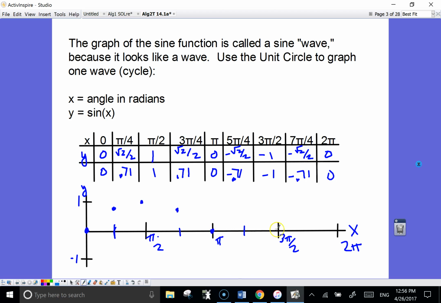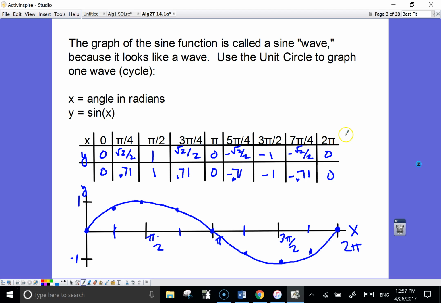Halfway between pi and 3 pi over 2, we're going to be negative 0.71. Then we got negative 1, negative 0.71, and back to 0. So just looking at those dots, can we see the shape of the graph? Yeah, it looks like a wave. And that is what it looks like.